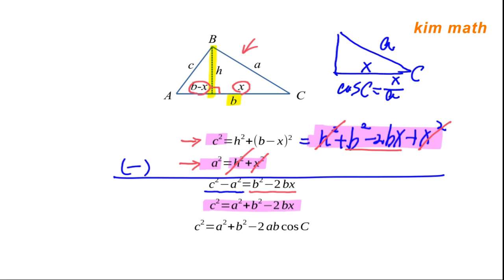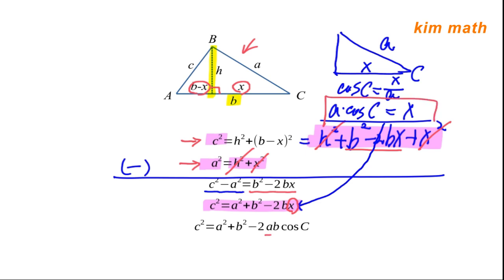If you multiply by a, you have a times cosine C equals x, right? You can use this to plug in at this position. Now instead of this x, you can use a cosine C. Yeah, this is our equation for the law of cosines.